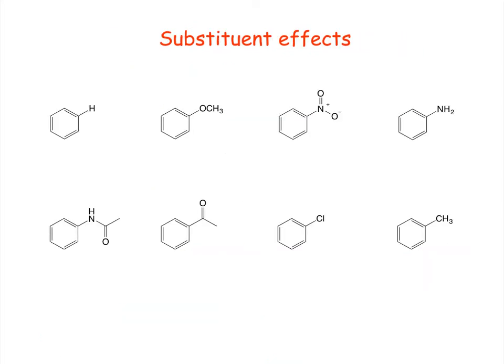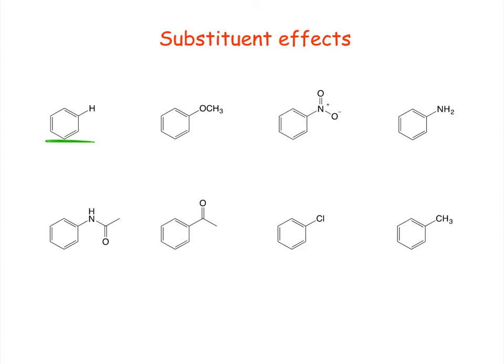So let's put groups on here and let's decide whether they're going to be activating or deactivating. All right, so all of these are going to be compared to benzene, right? So here's benzene by itself. And we want to know whether the new ring is going to be more reactive or less reactive. Okay?